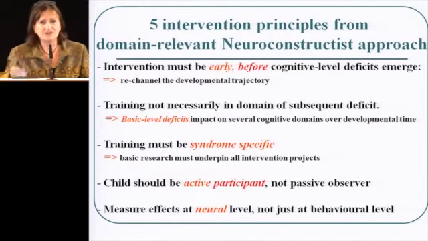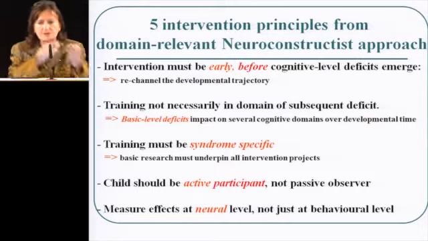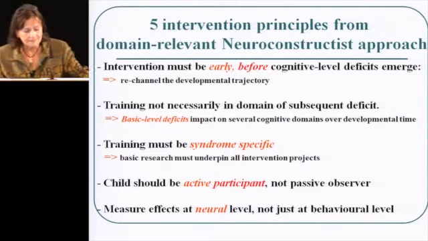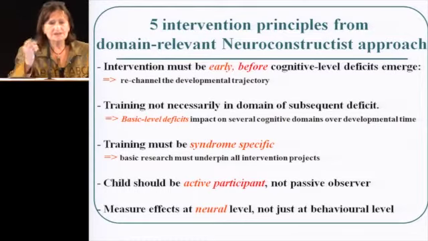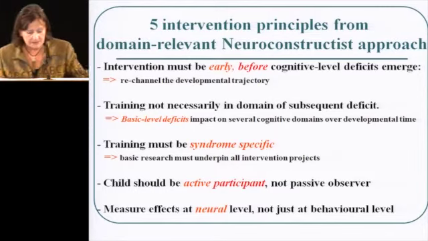We don't wait to train reading. We train oral phonological distinctions because we know that those are a problem in mapping later, so we get in really early. We train in syndrome-specific ways because syndromes differ in how they are vulnerable in development.